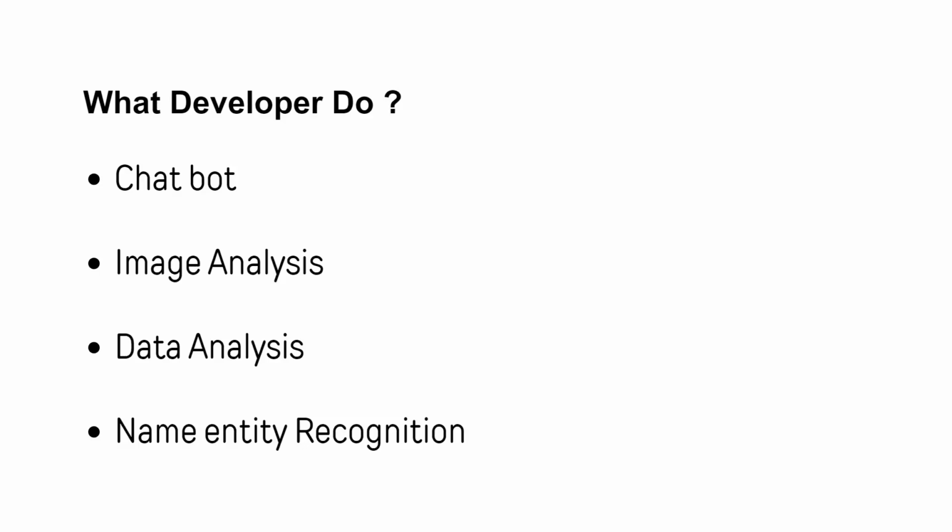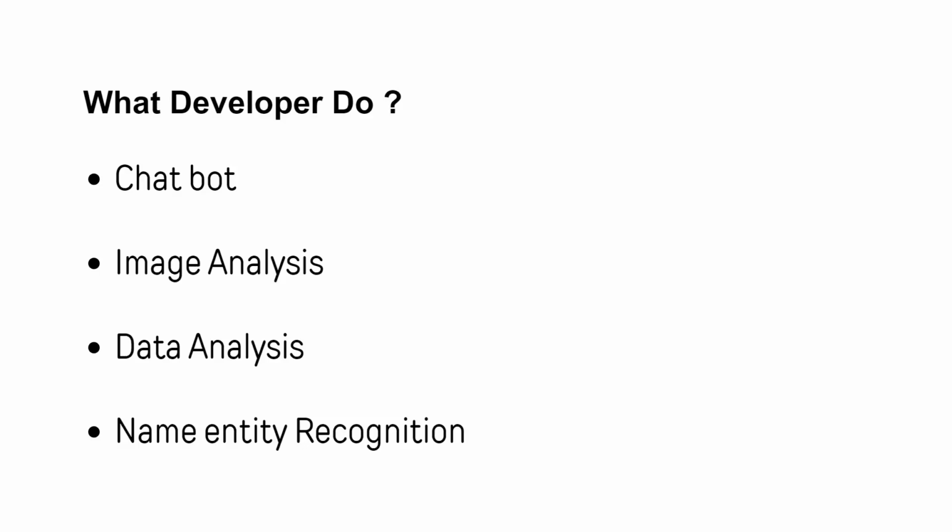So what does a developer actually do? With the help of this API, a developer can build a chatbot. We know how a chatbot works: based on the input prompt, it gives the output. Another use is image analysis. As I already said, Gemini understands multimodal input.